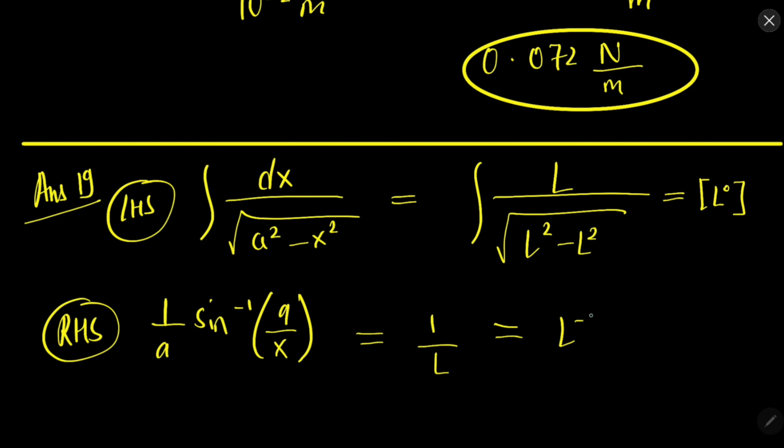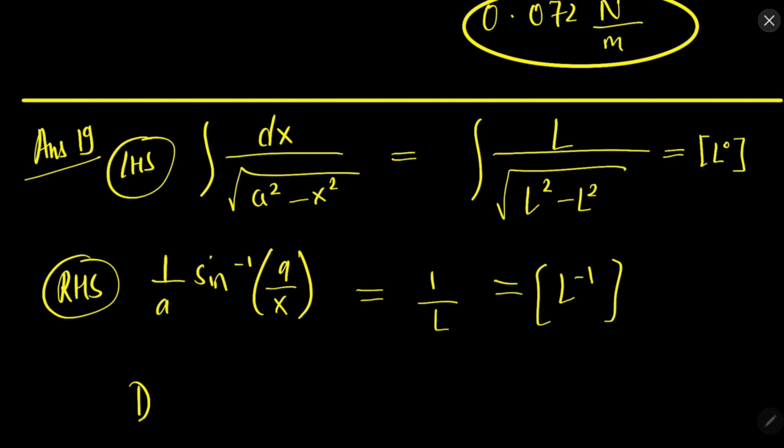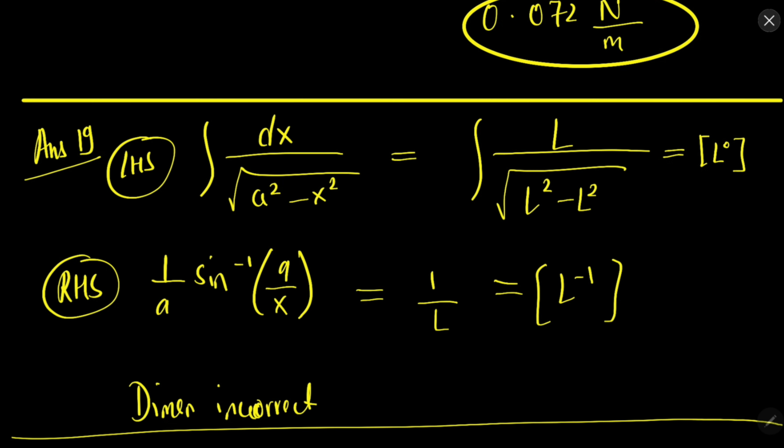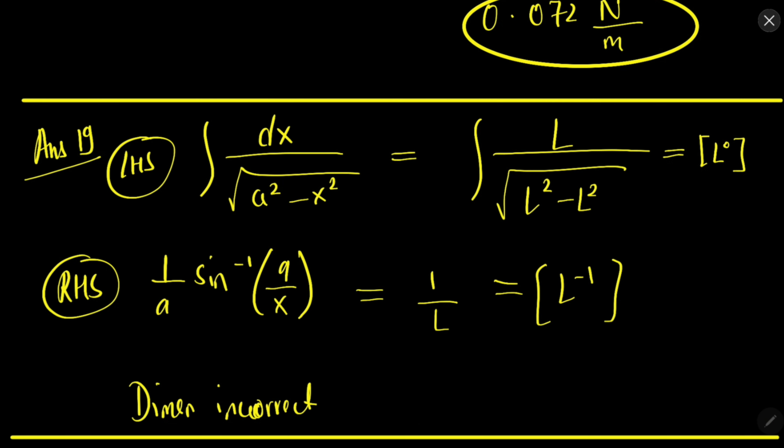So what we have is L to the power minus 1. So this is dimensionally incorrect. So this equation is incorrect dimensionally, and if something is dimensionally incorrect, that means that it is obviously incorrect. So this equation given is incorrect.